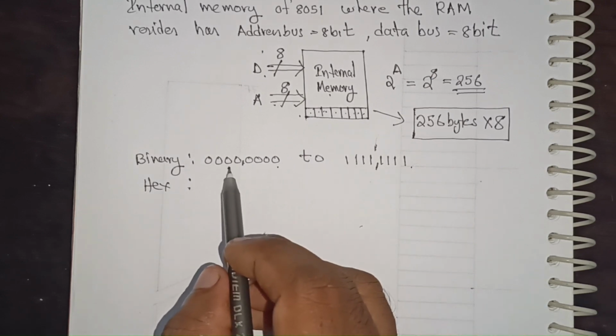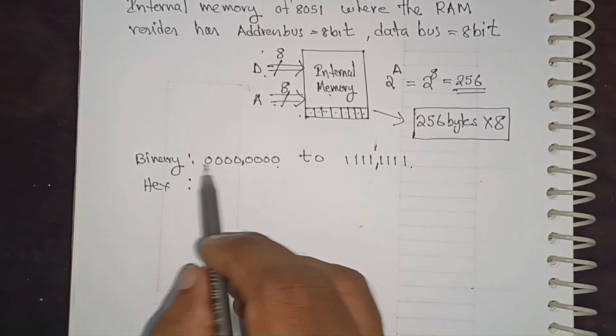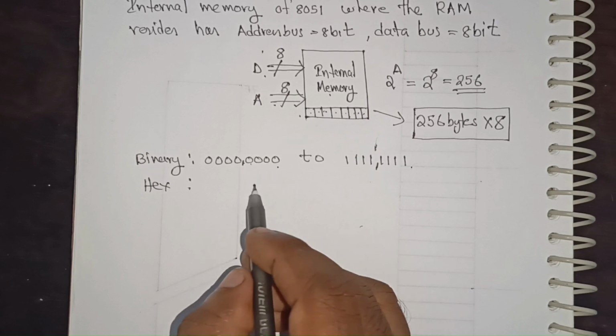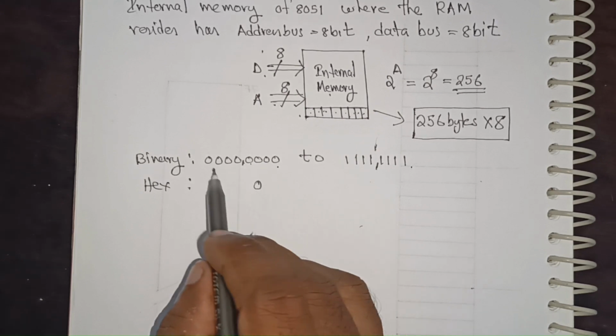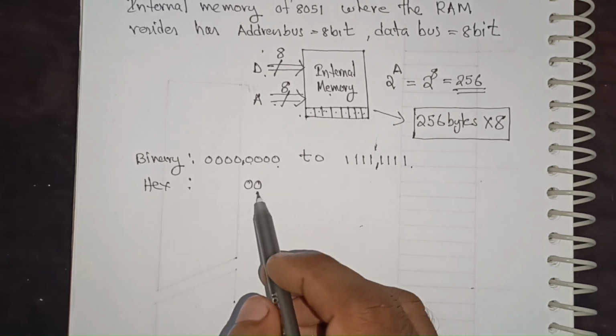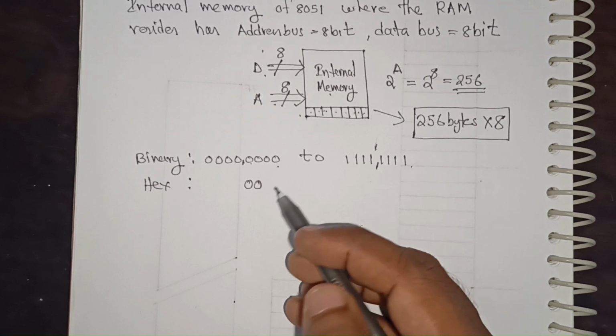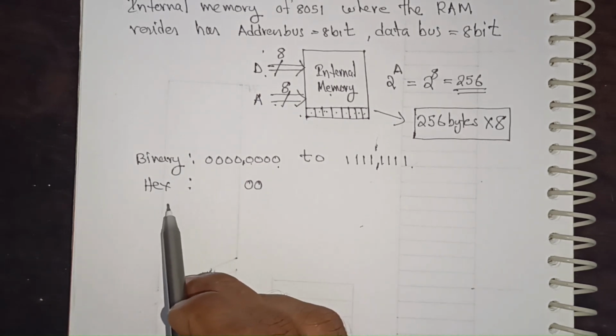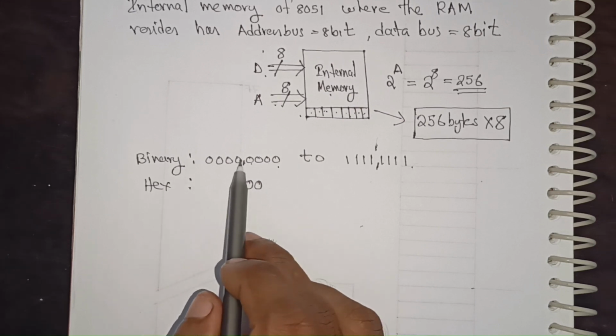Then write the corresponding hexadecimal values for these 4 bits. 0000 is nothing but 0. 0000 is also 0. So this is the corresponding hexadecimal representation of this 8-bit number.